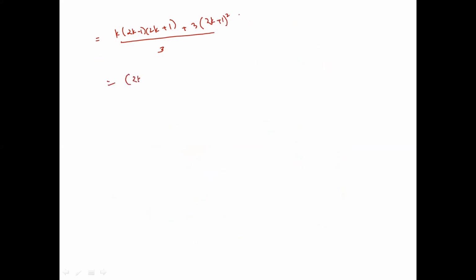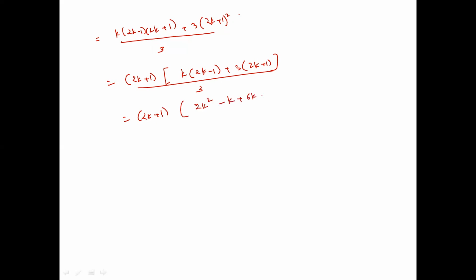I will take 2k plus 1 common. Left is k into (2k minus 1) plus 3 into 1 more (2k plus 1) left, by 3. That means 2k plus 1 will be outside. Inside I have 2k square minus k plus 6k plus 3 by 3.